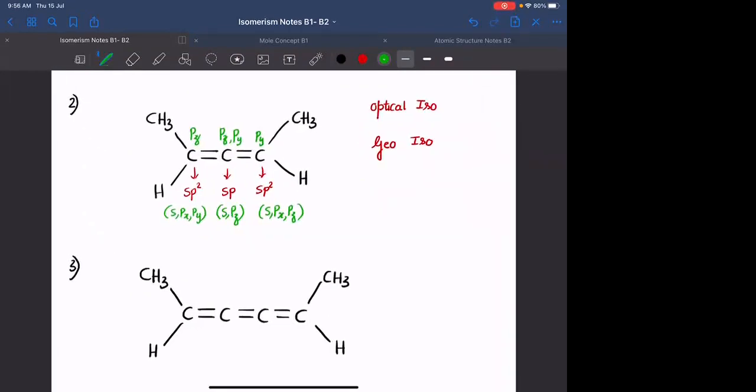So this is in the xy plane. These three bonds are in the xy plane. This is also trigonal planar, but these are in the xz plane. The xy and xz planes are perpendicular to each other. Agreed?